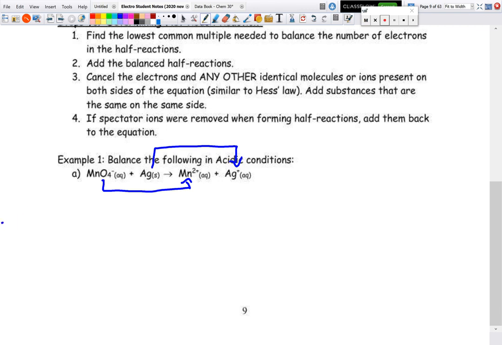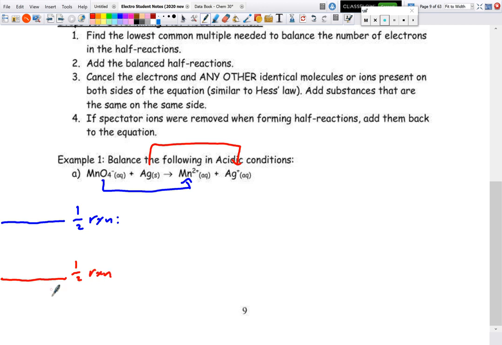Our first one we have a blank because it's unknown half reaction. Why don't we get two colors so we can tell them apart. The permanganate one is going to be in blue, and I will do the silver reaction in red. And this is, same thing, an unknown half reaction.